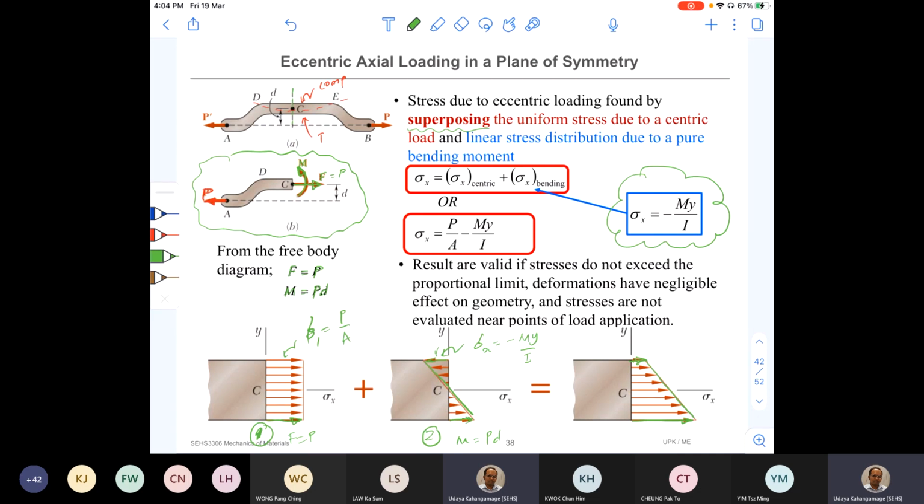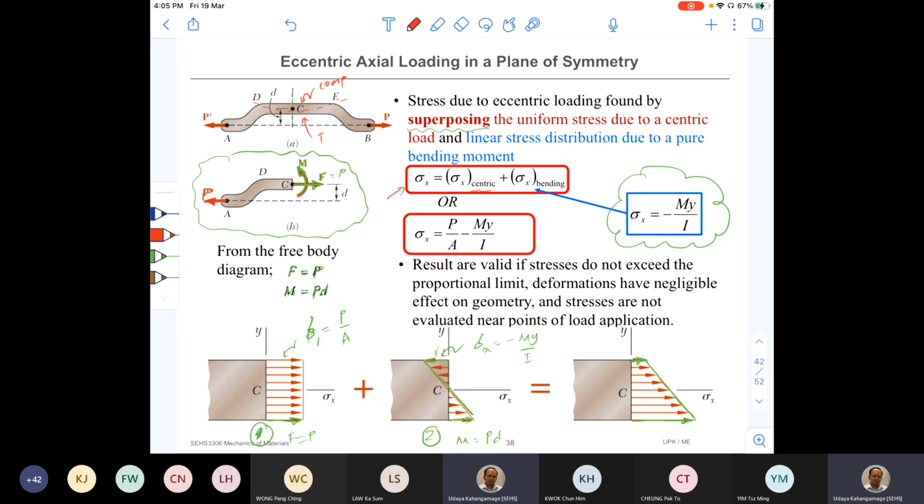Okay, so analytically, with equations also, we can write the same thing this way. Sigma x, that is the stress at any point on this section now, is the result of stress from the normal force and the stress resulting from the bending moment. So sigma x plus sigma x bending. So I meant to differentiate, I mentioned it as sigma x centric.